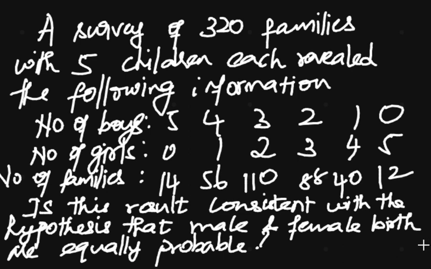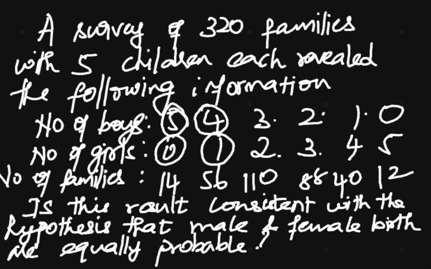Similarly, if we have 4 boys in a family, definitely you will have 1 girl child. Similarly, 3 boys, 2 girls, 2 boys, 3 girls, 1 boy, 4 girls. And if there are 0 boys, then definitely in a family there will be 5 girls, right?